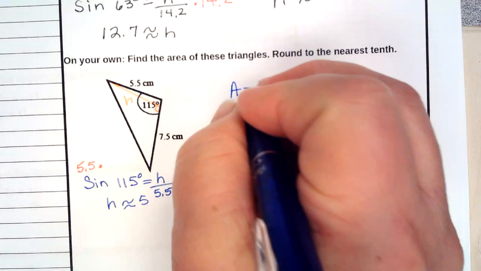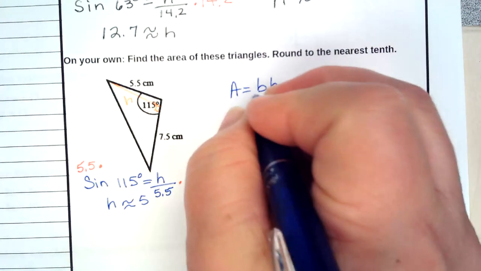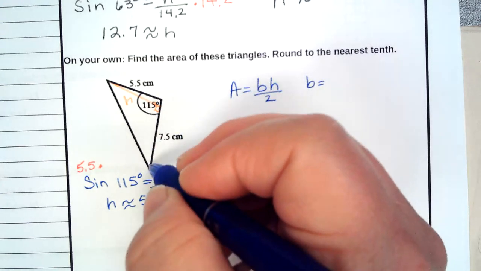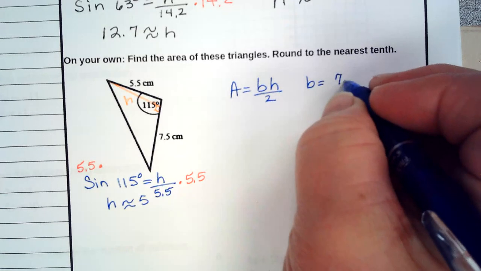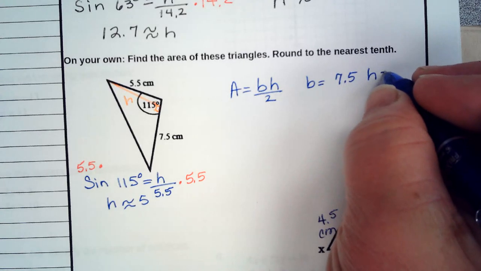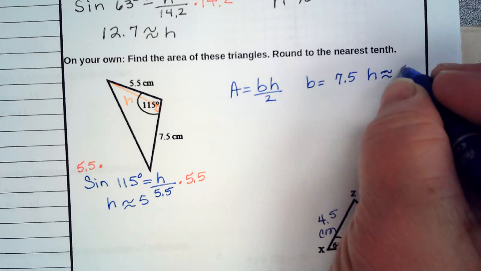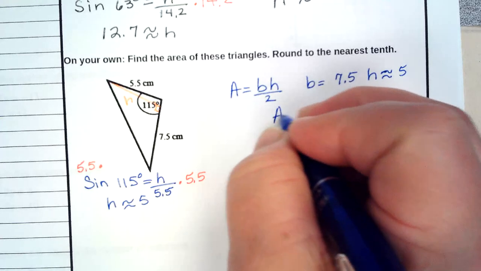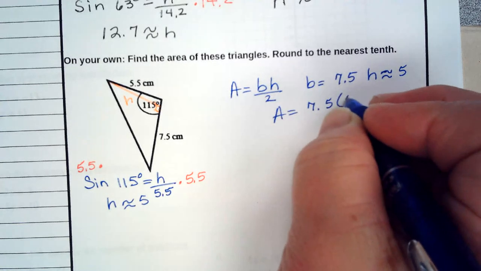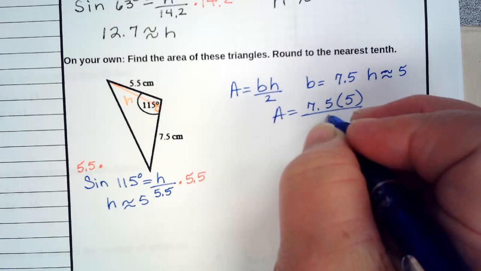So my area, which is your base times height divided by 2, your base, remember this is going to be our base, is 7.5. Our height is about 5. So my area becomes 7.5 times 5 divided by 2.